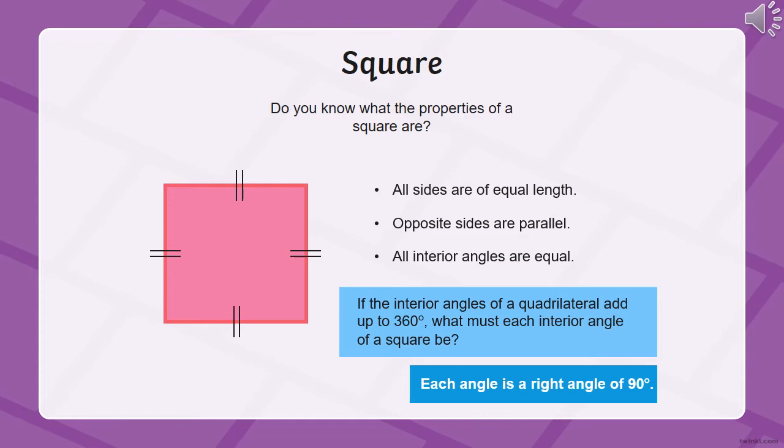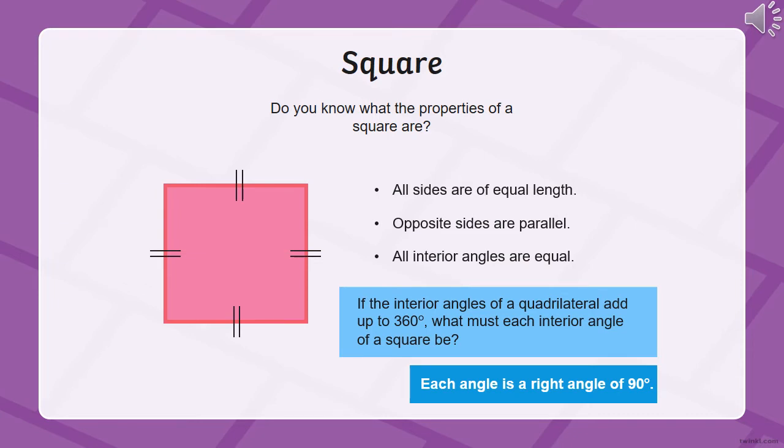We can work that out by dividing 360 by 4, as there are 4 interior angles. Now, we can make 360 10 times smaller. That's now 36. How many 4s are in 36? That's right, there's 9.